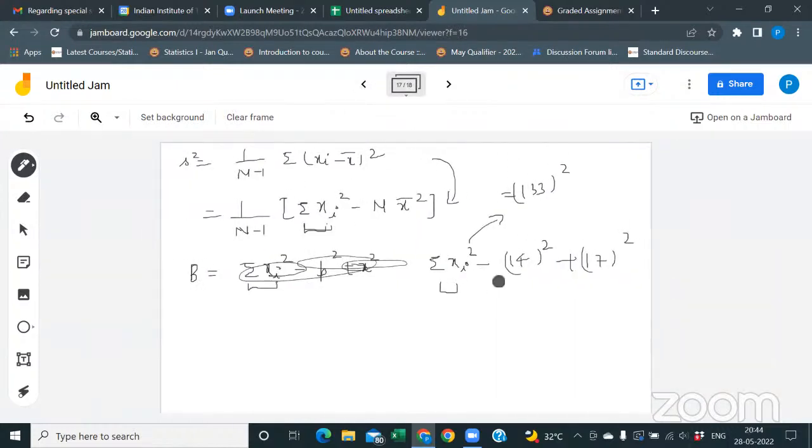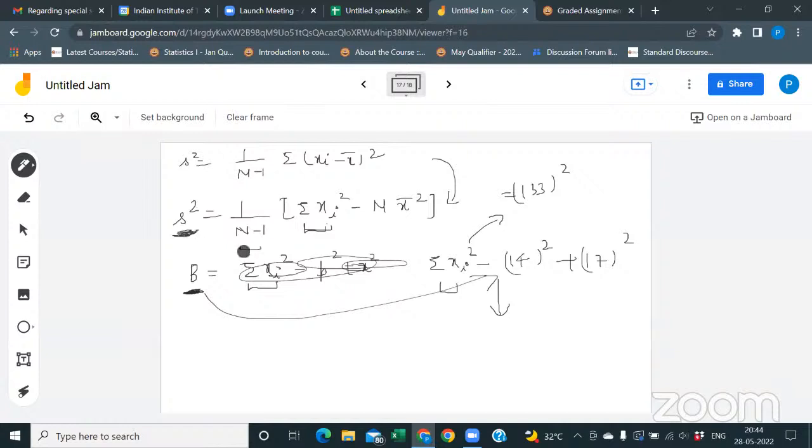So after that, what will we write? That's what I calculated here. You have to calculate the new sum of square. From here you are given the old sample variance.